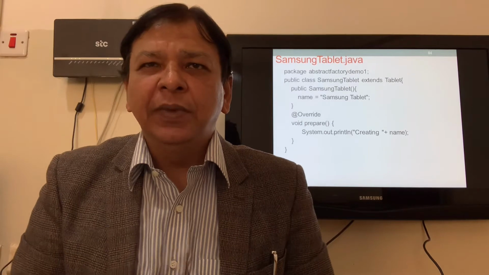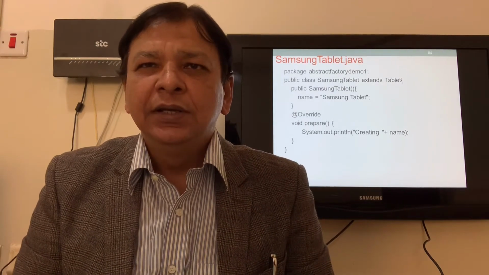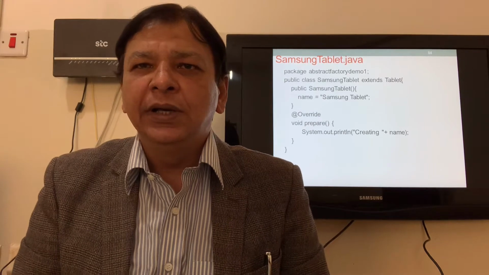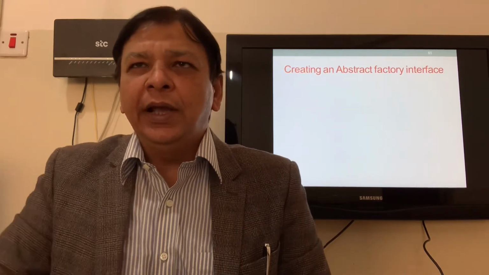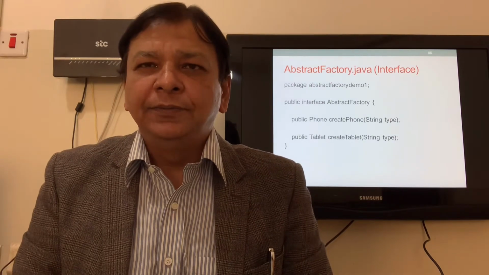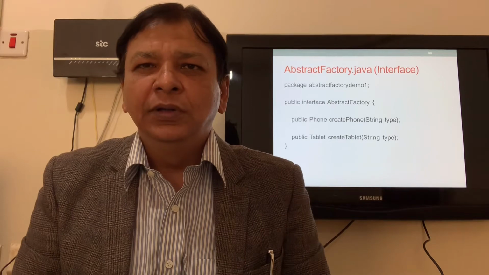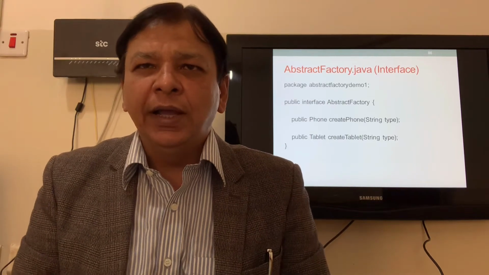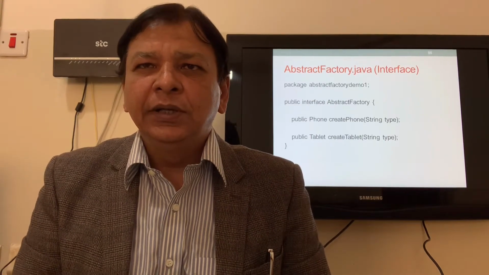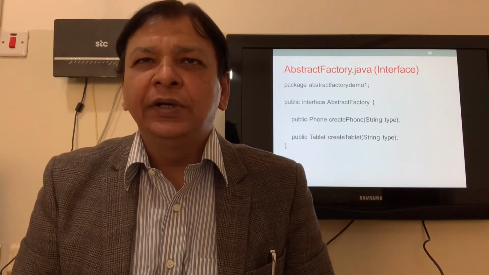We have the abstract method void prepare, so it's the concrete method, the body is here, System.out.print creating name. Then we define the abstract factory interface, AbstractFactory.java, public interface AbstractFactory, public Phone createPhone(String type), public Tablet createTablet(String type). So we close the abstract factory interface.